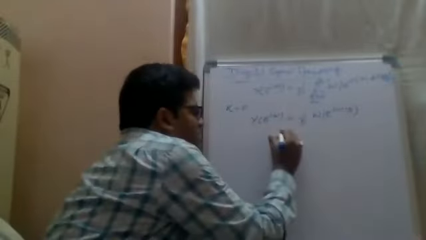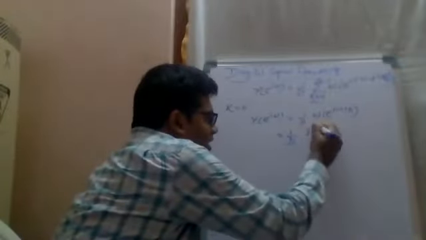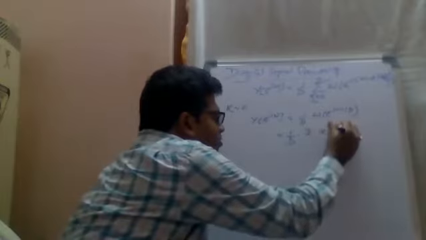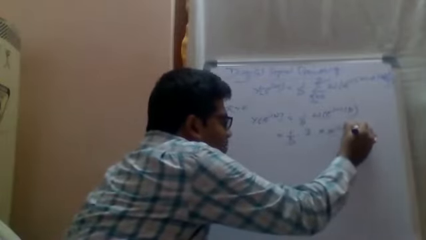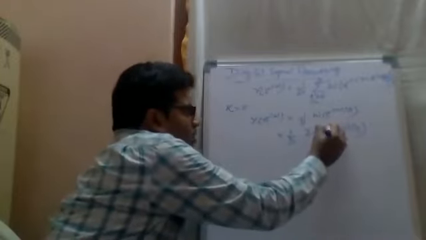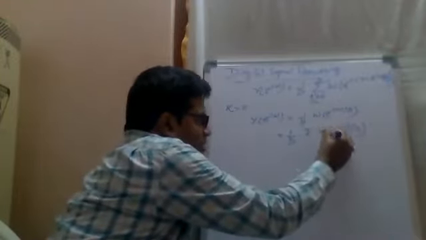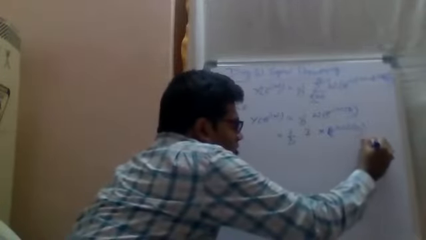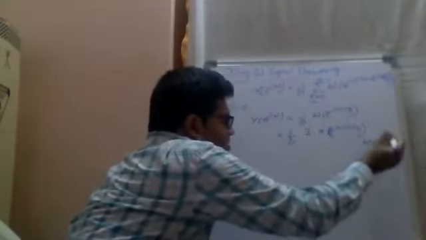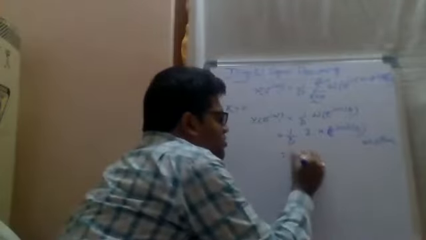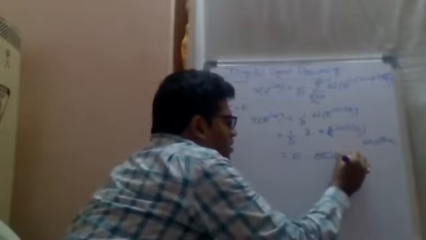Now replacing your W, 1 by d into what is your W? I into X of e to the power of j omega I by d, because there it is e to the power of j omega I, from omega equal to 0 to omega c, and it is 0 otherwise.